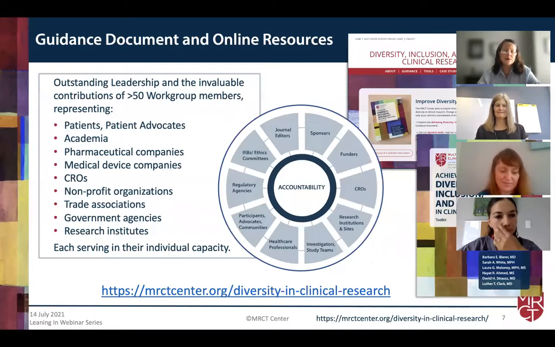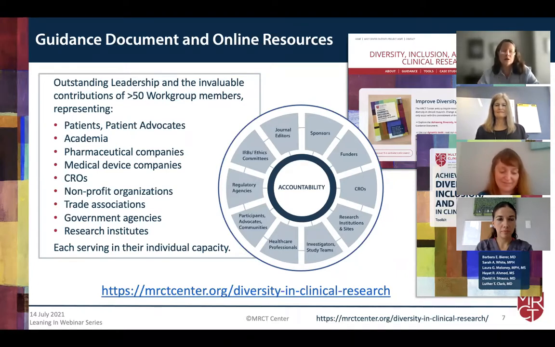So as most of you know, one of the major efforts that we've had, as have many others over the last 3 years and longer, has been a real focus on driving inclusion, equity in clinical research.